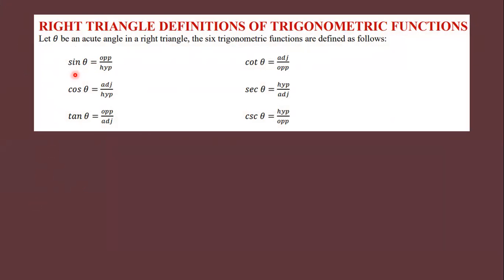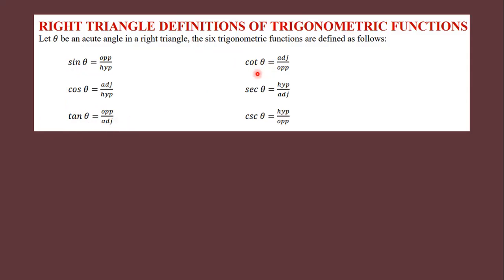Sine theta is now defined as opposite over hypotenuse. Cosine theta is equal to adjacent over hypotenuse. Tangent theta is equal to opposite over adjacent.